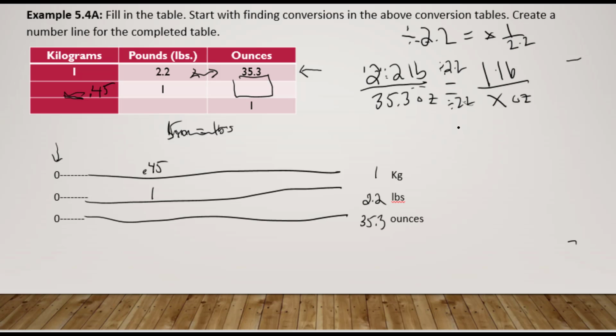So if that's 1 over 2.2 in the numerator, it's also 1 over 2.2 in the denominator, and then this number is just a more fancy form of 1. So I can do that. 2.2 divided by 2.2, any number divided by itself is 1, so all I have to do is take 35.3 and divide it by 2.2. Now, if you're not understanding this, you can cross multiply and divide. This is just a shortcut.